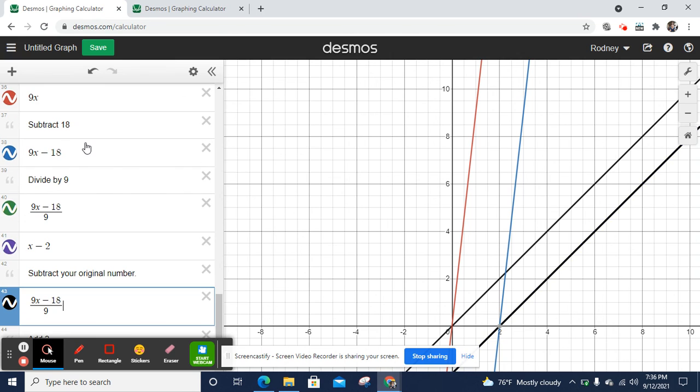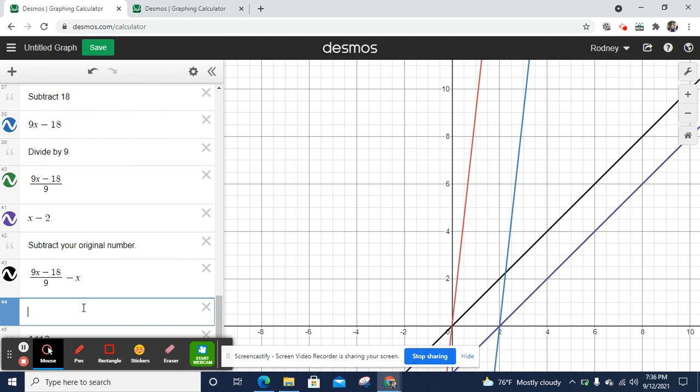Now we're going to subtract our original number, minus x. Now, we've just subtracted x from this, but this is the same as just x minus 2. So now I will simplify what I've got. Since 9x minus 18 over 9 was just x minus 2, I'm going to say x minus 2 minus x.